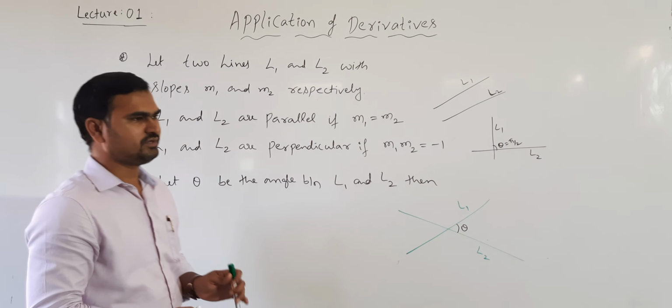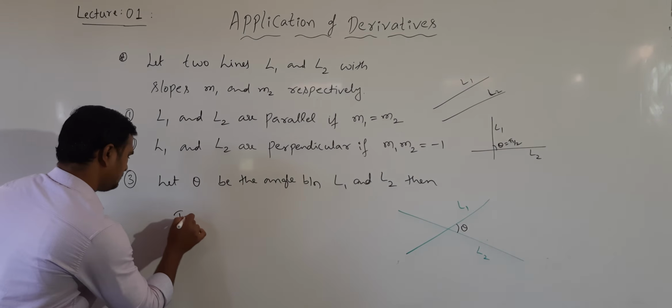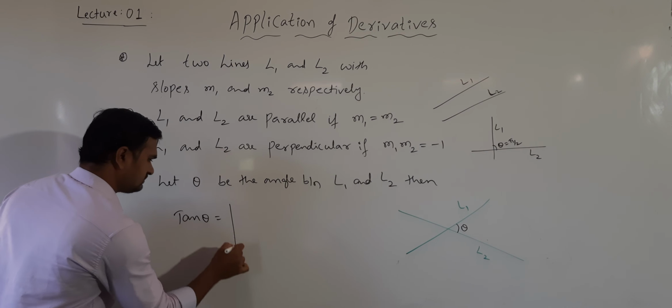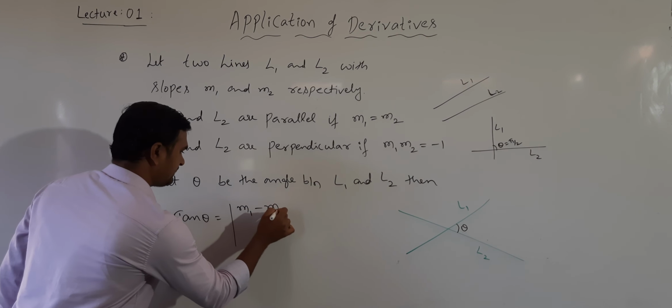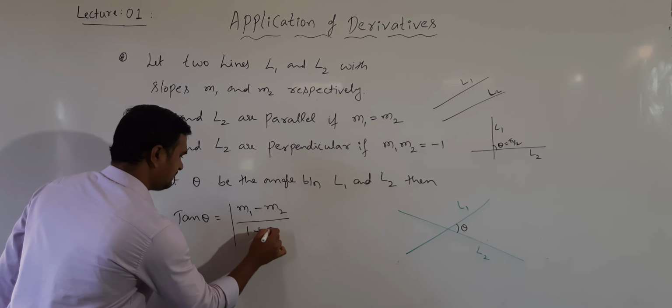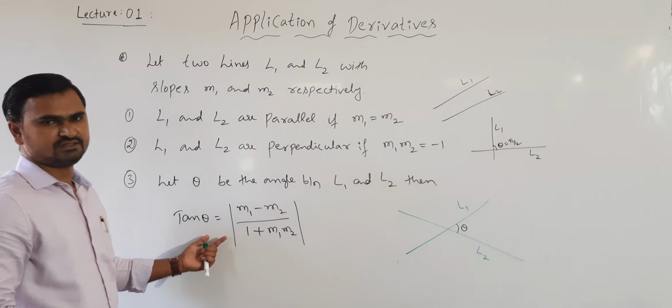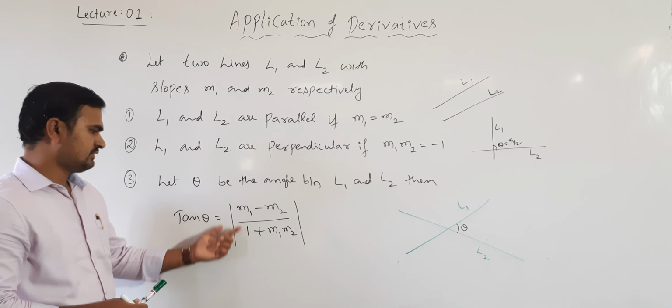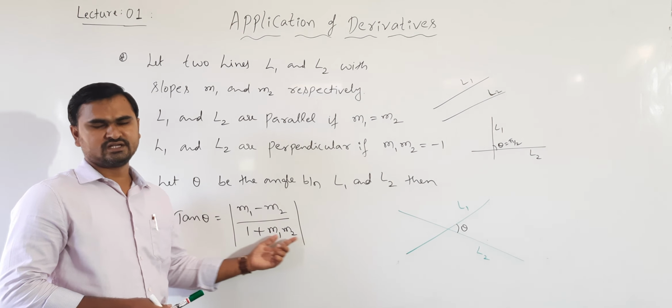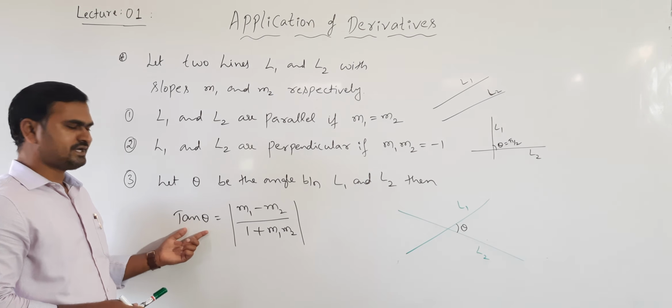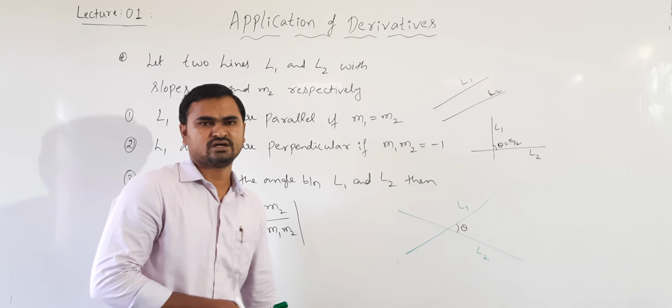We studied the angle between two lines: tan theta is equal to the modulus of (m1 minus m2) divided by (1 plus m1 m2). Here we take theta as the acute angle because we are taking the modulus, so the value will always be positive. Tan is positive means theta will be acute.